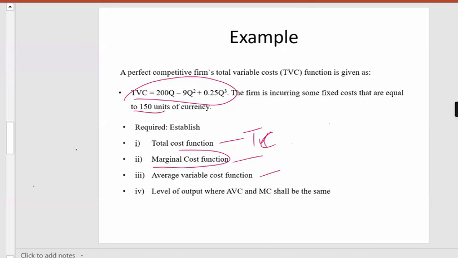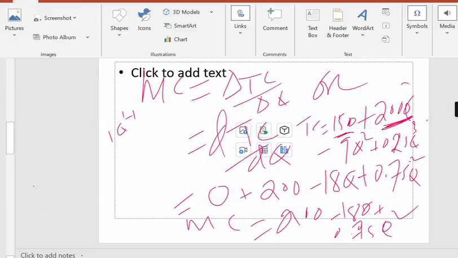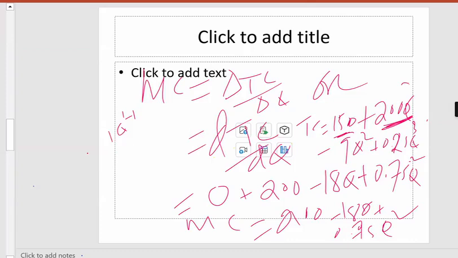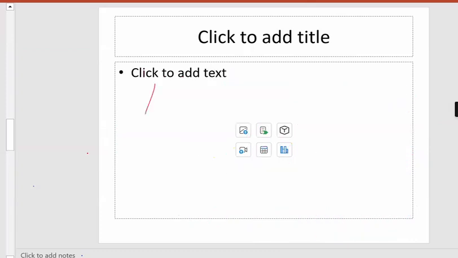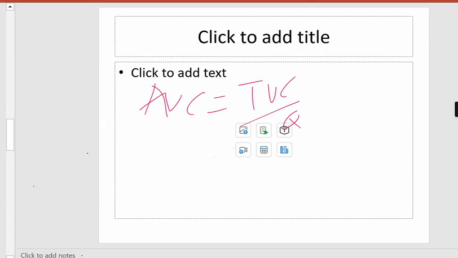What is the average cost? Average variable cost is variable cost over Q. What is average variable cost? You take the total variable cost divided by Q. But you remember what the total variable cost is, see here.